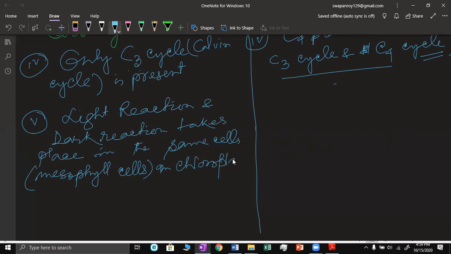In the same chloroplast, both light reaction and dark reaction.